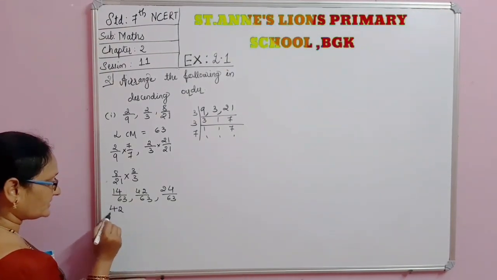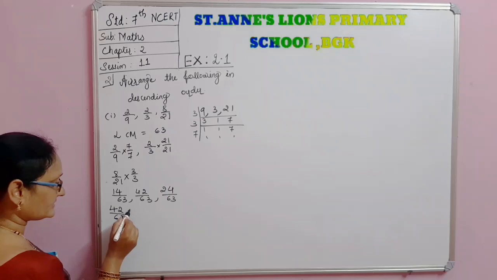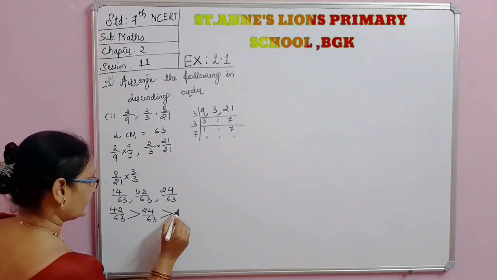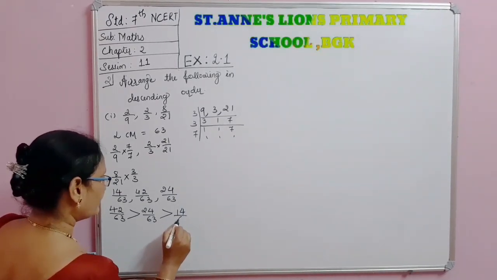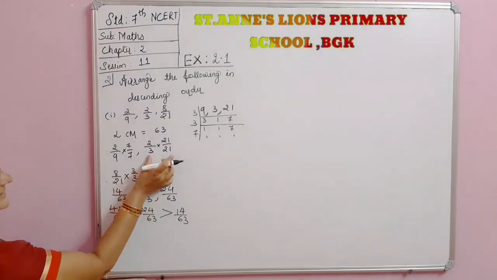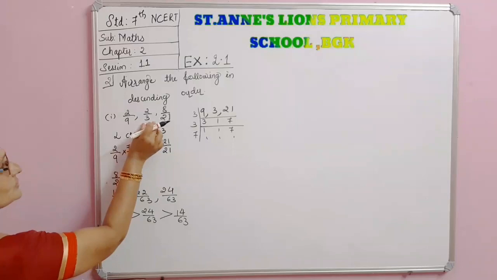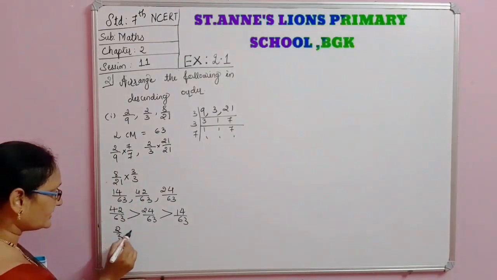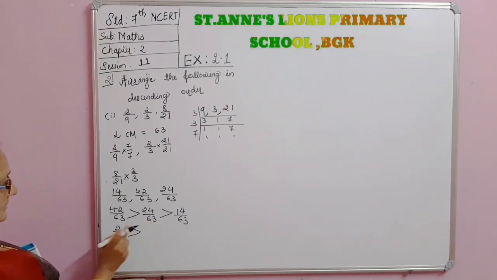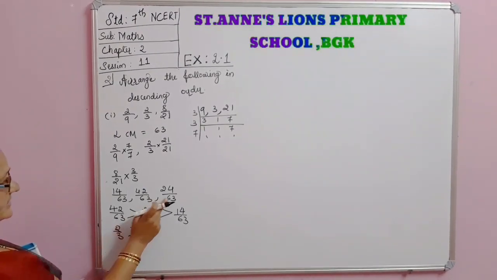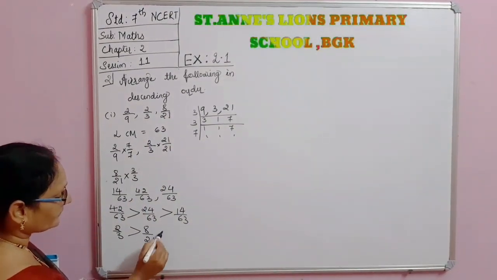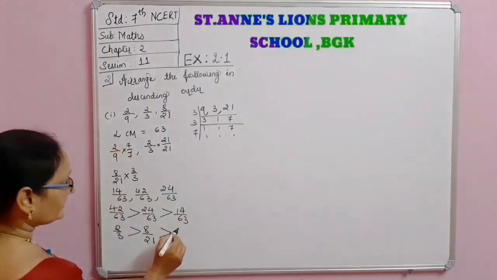So 42 by 63 is greater than 24 by 63 is greater than 14 by 63. 42 by 63 means which one it is? 42 by 63 is the second one, so that means 2 by 3. 2 by 3 is greater than 24 by 63. 24 by 63 means the third one. 2 by 3 is greater than 8 by 21 is greater than 2 by 9.